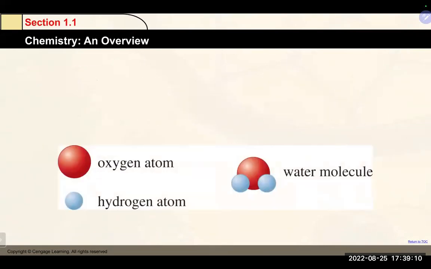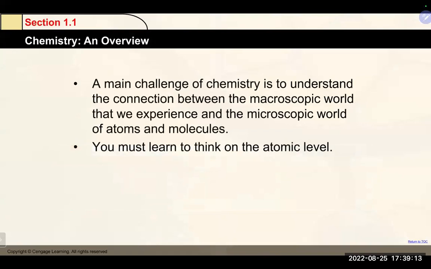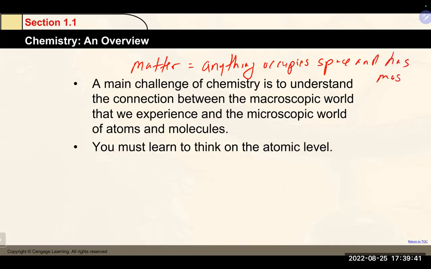So the main focus of chemistry, for the most part, is matter. Matter is anything that occupies space and has mass, which pretty much encompasses most everything.